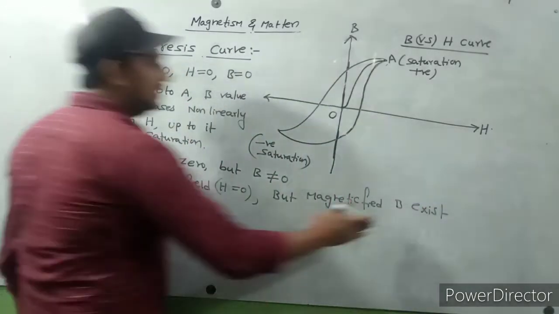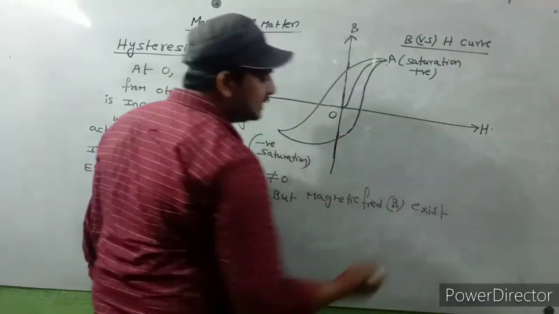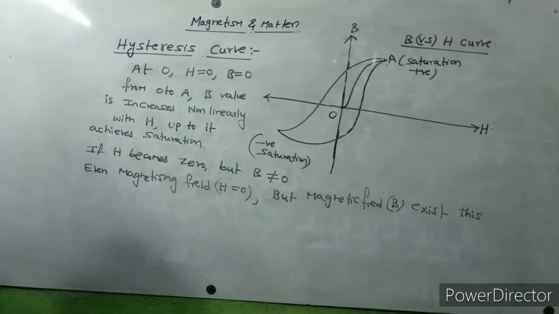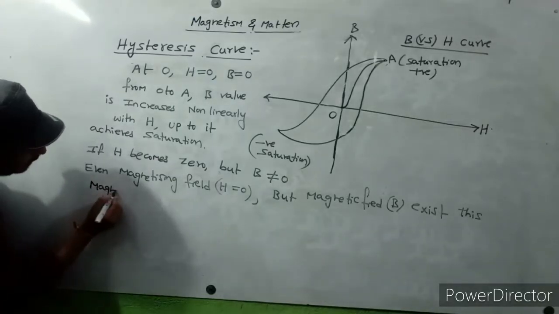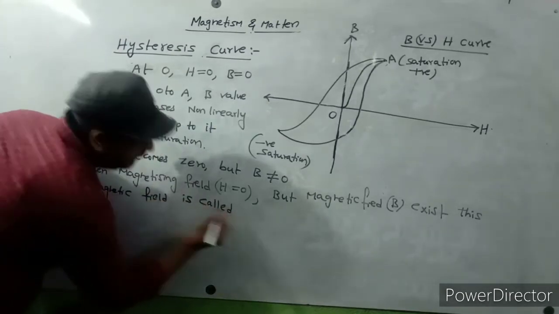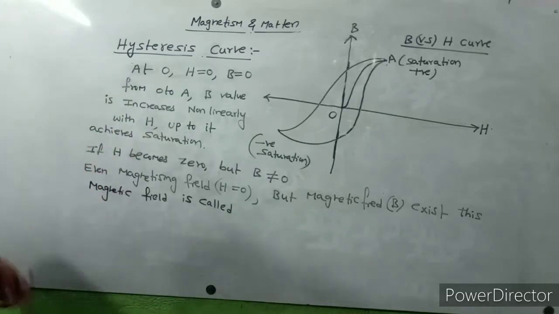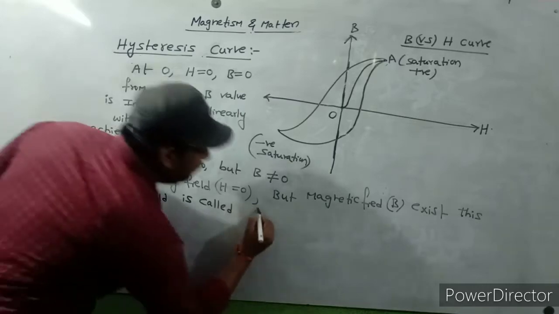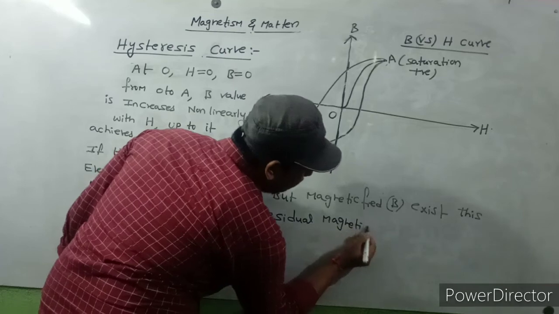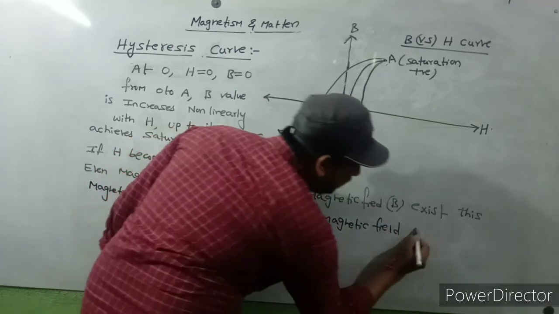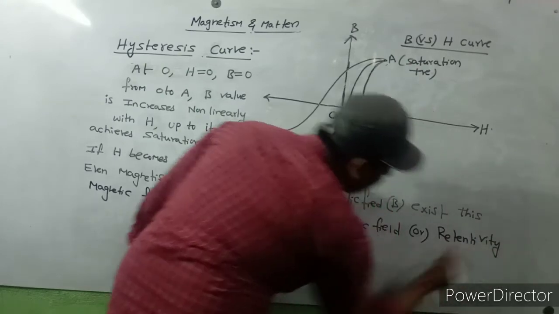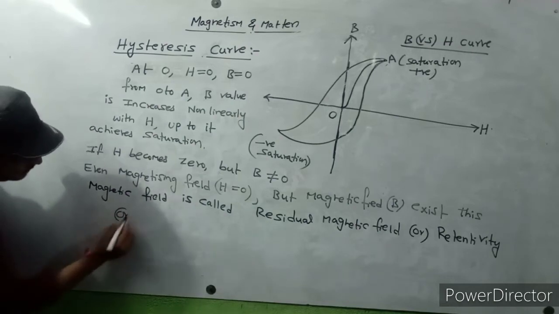This magnetic field is called the residual magnetic field. What is the term? Residual magnetic field, or retentivity, or remanence.